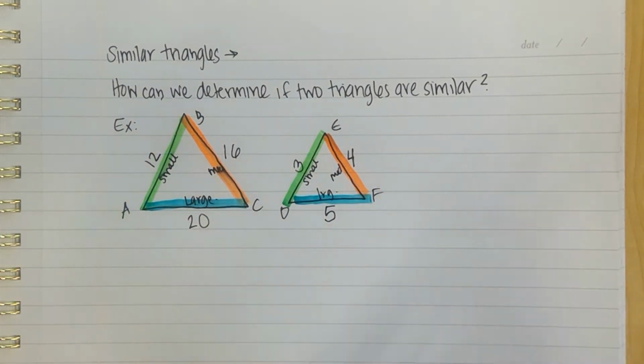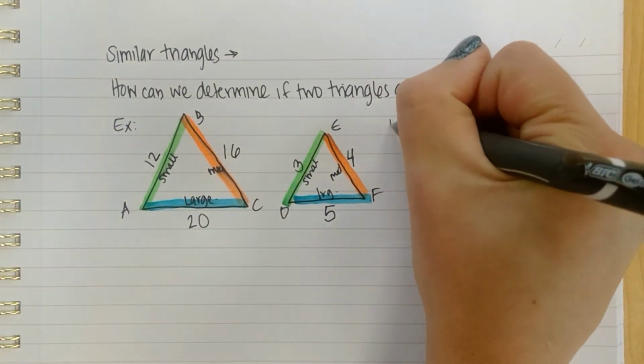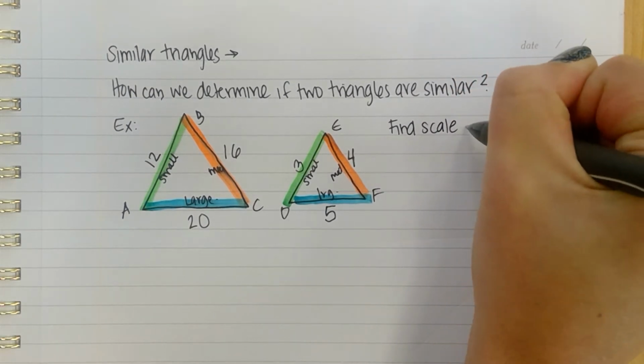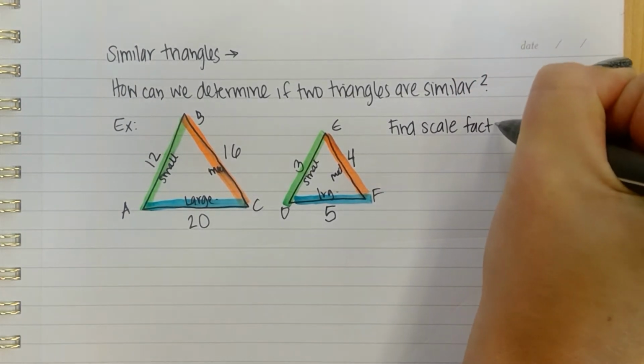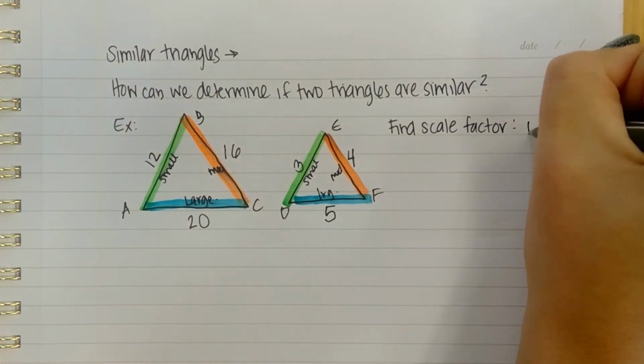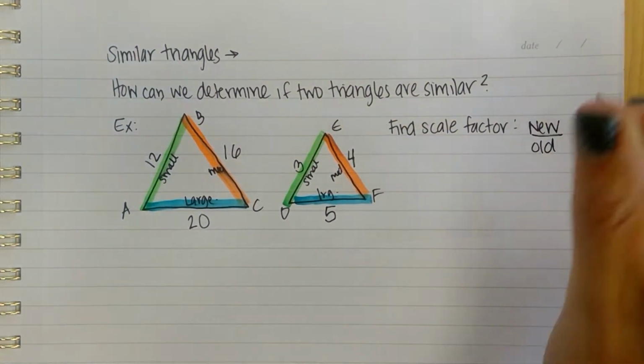What we're going to do is determine that they are similar triangles by finding the scale factor. If all three sides have the same scale factor, we can conclude they're similar. So to find the scale factor, we're going to put our new triangle over the old triangle.